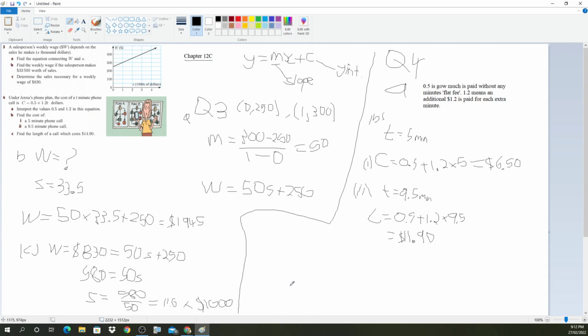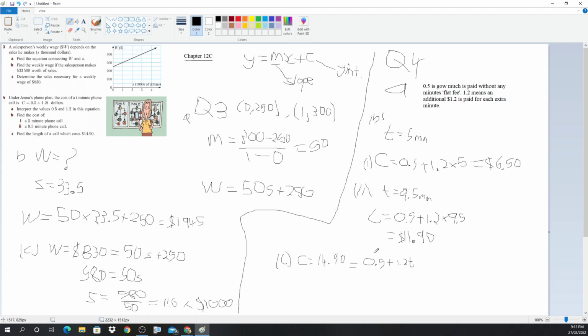All right. Now the last one, part C, we're working backwards. So we know what the cost is. C equals 14.90. And then we're trying to solve for how much time. So it's 0.5 plus 1.2 t.